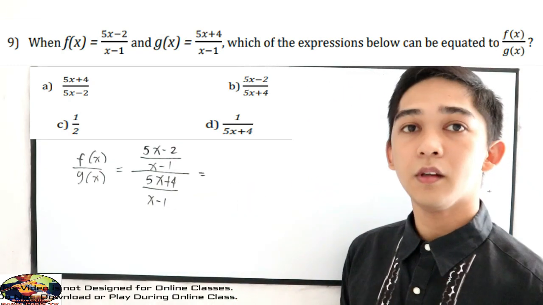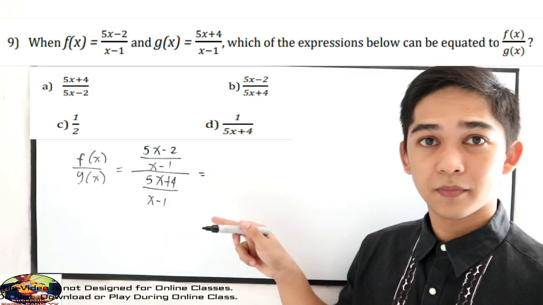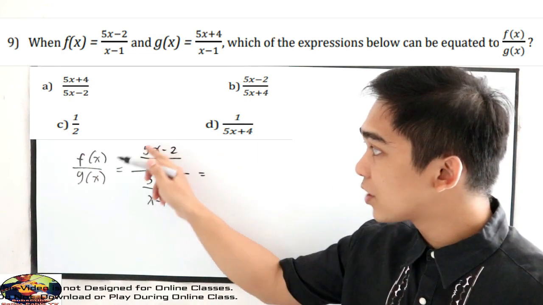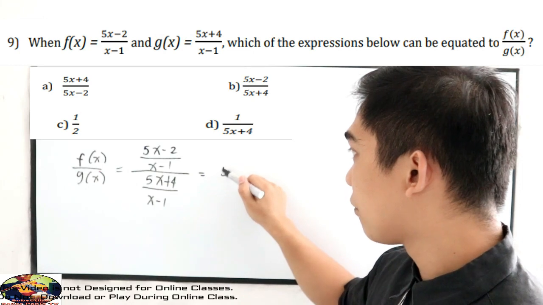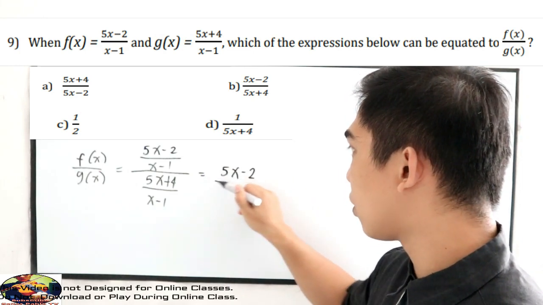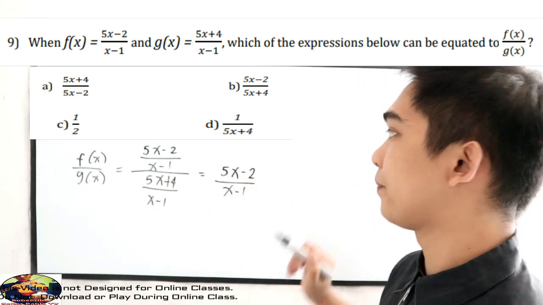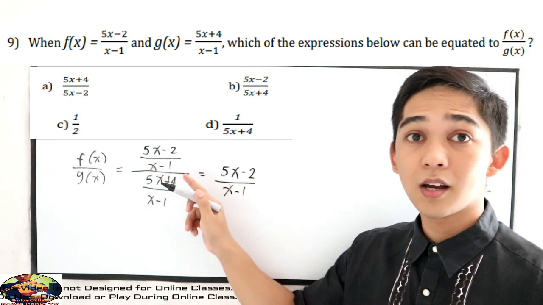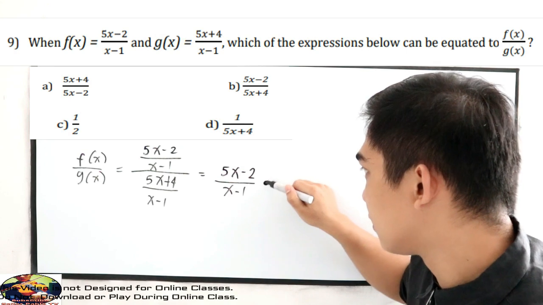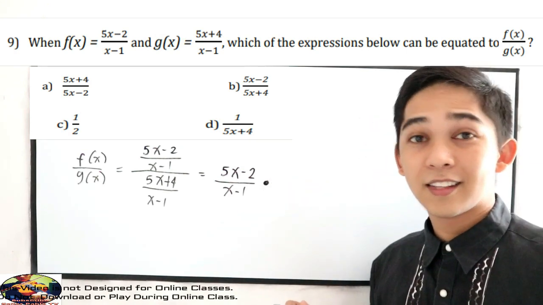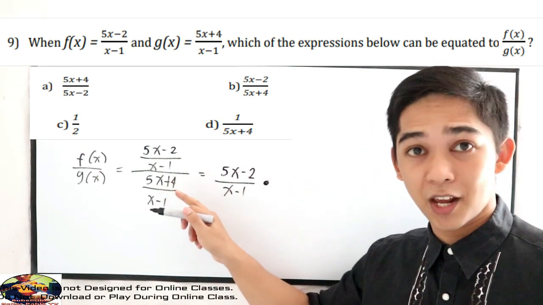Okay. So we're going to simplify. We have a rational expression in our numerator. So copy 5x minus 2 all over x minus 1. So this is a division. So proceed in multiplication. Then get the reciprocal of our denominator.